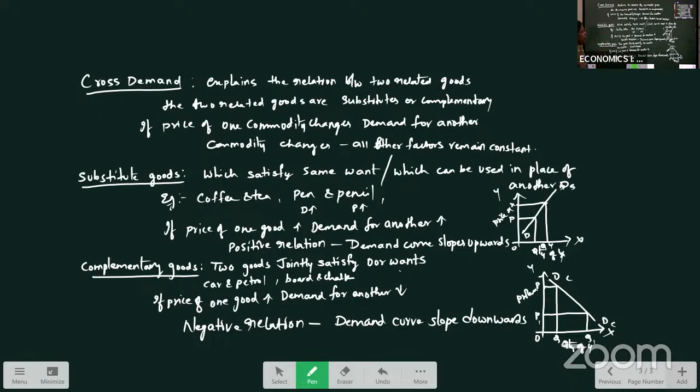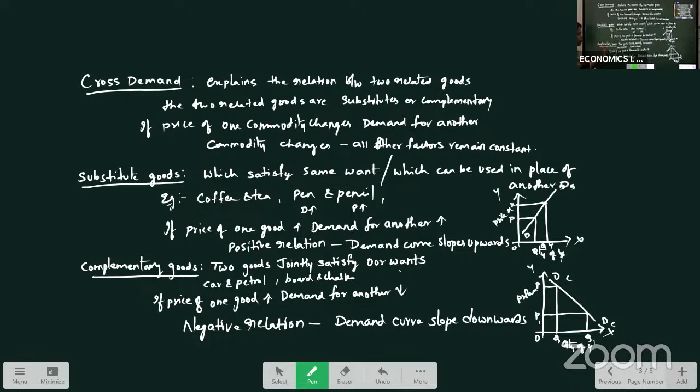Substitute goods. What are substitute goods? Those which we use in place of another, to satisfy the same want, either this or that. In this case, if the price of one good increases, demand for the other good also increases. So there is a positive relation. When there is a positive relation, the demand curve slopes upwards.